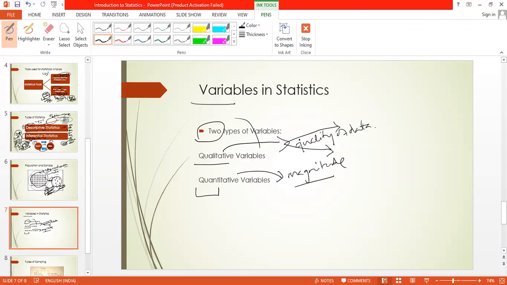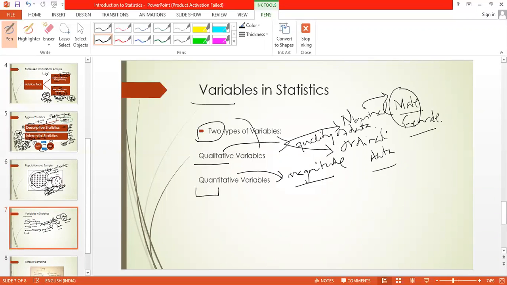So qualitative data can again be categorized into nominal and ordinal data. Okay. So nominal data, for example, we want to study the COVID-19 situation in a city separately for male and for female.